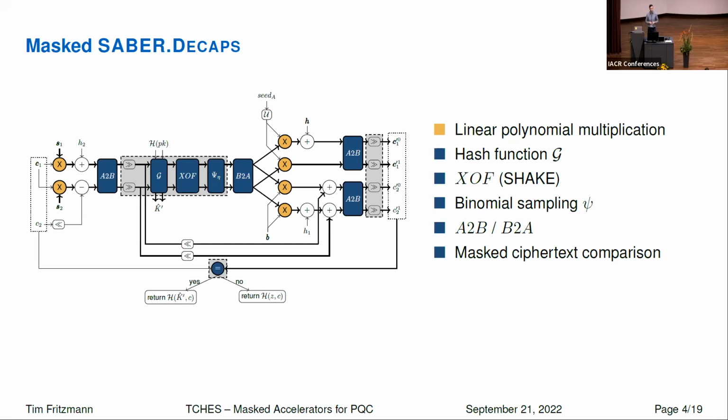In yellow, we have the linear polynomial multiplication, which is usually very costly. And then in blue, we have several nonlinear operations, for example, the hash function G, extendable output function, binomial sampling, A to B conversion, B to A conversion, and masked ciphertext comparison.